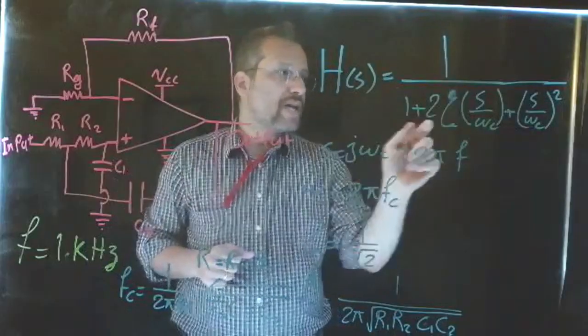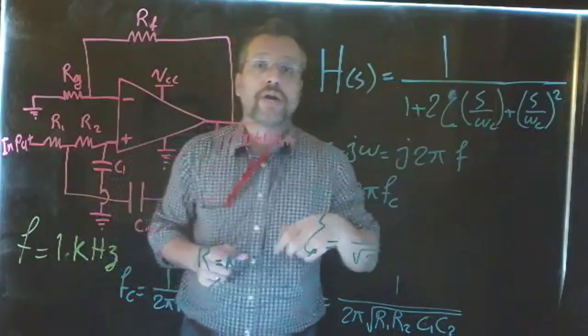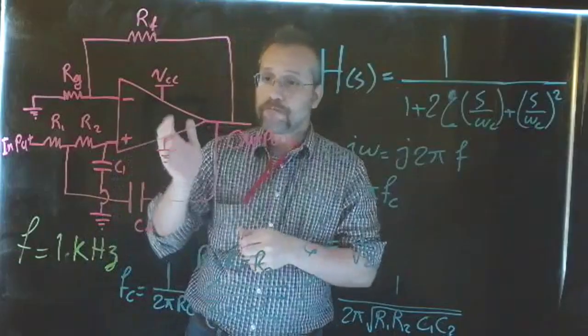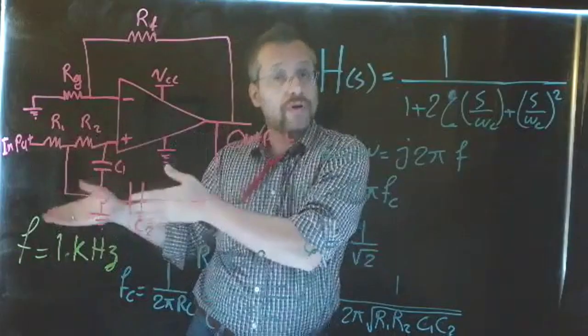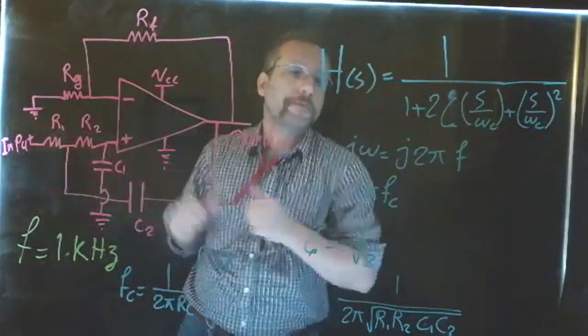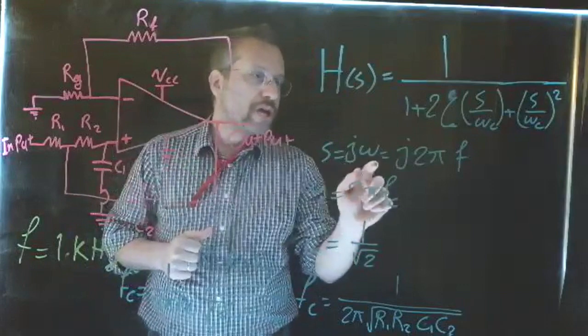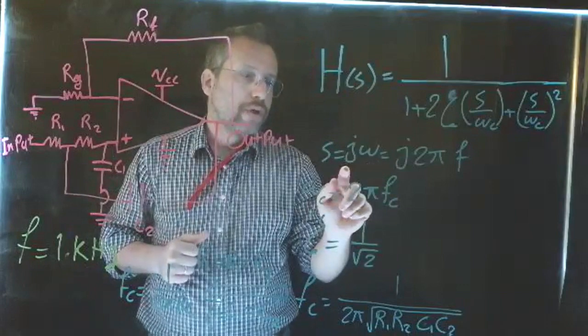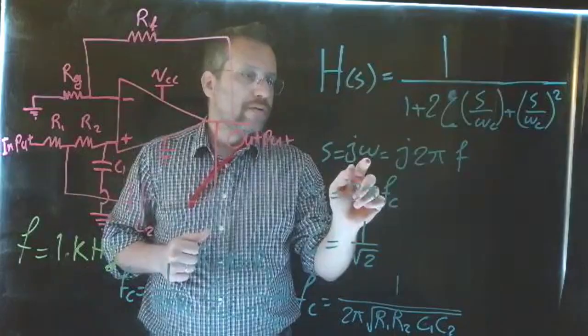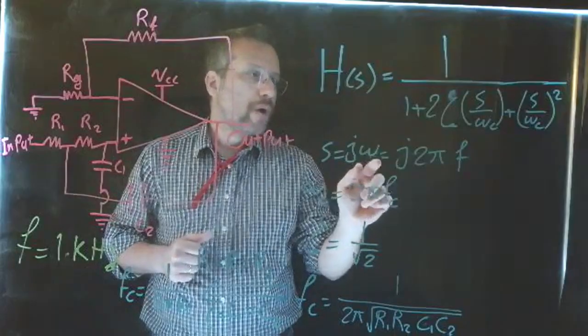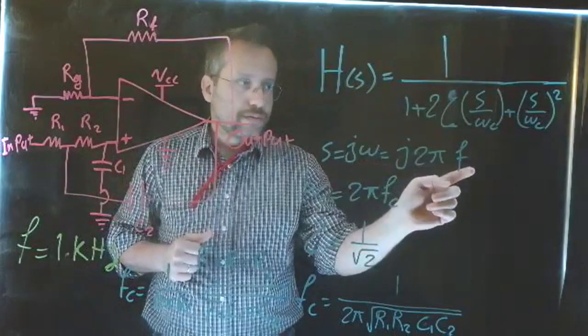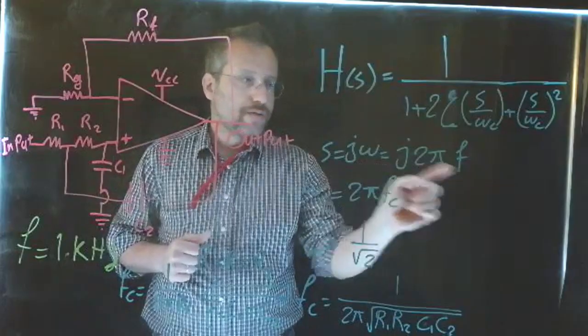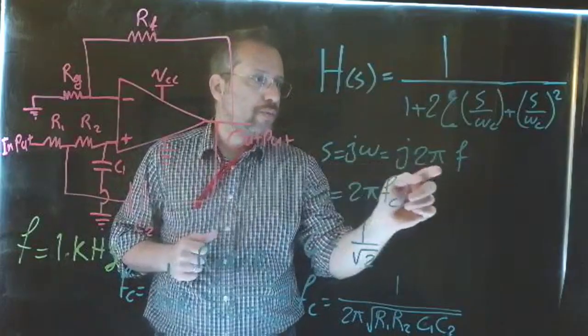Now this s, when we talk about the sinusoidal input, which is what we are going to inject in our circuit, is going to be equal to jω. Which, as you know, the angular frequency is 2π times the frequency, so it's going to be equal to j2πf.